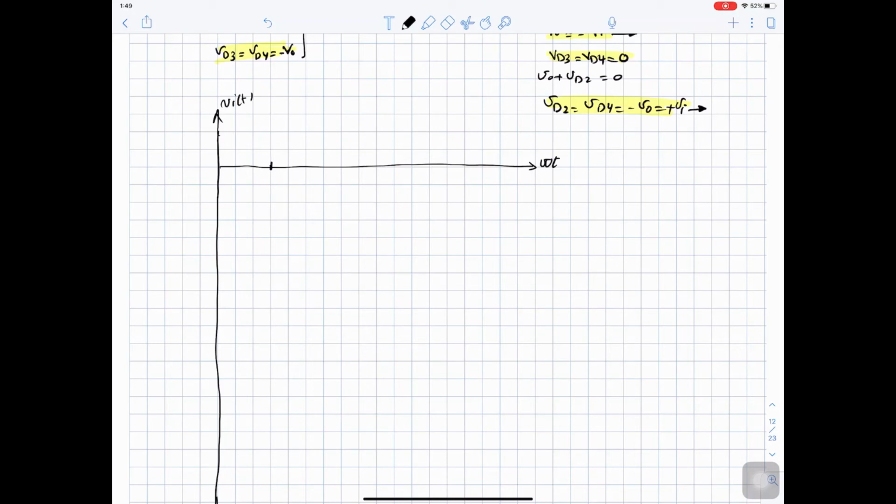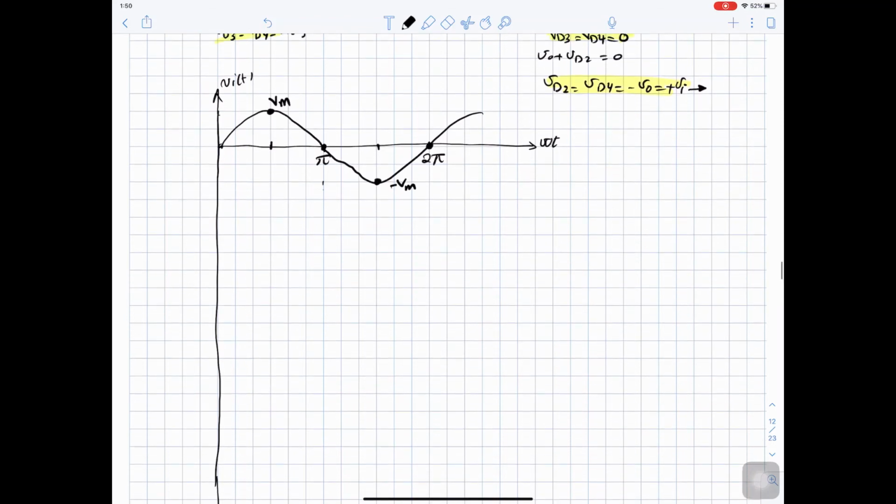As we mentioned, we will use 3 squares as pi over 2. So here is pi, here is 2 pi. It will be maximum here, 0, 0, 0. So we can sketch the sine wave for the input. Here is Vmax, here is minus Vmax.